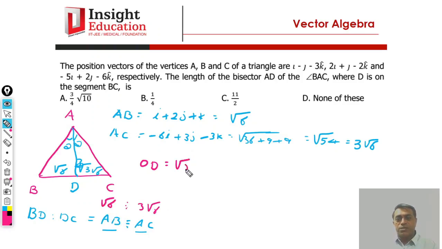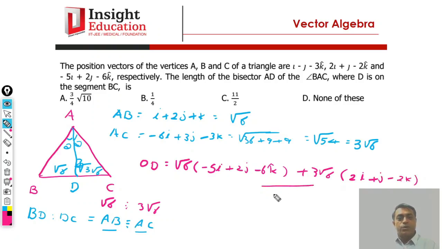So I can say root 6 into position vector C, minus 5I plus 2J minus 6K, plus 3 root 6 into position vector B, 2I plus J minus 2K, divided by root 6 plus 3 root 6. So 3 plus 1. Okay, it means I can cancel root 6.